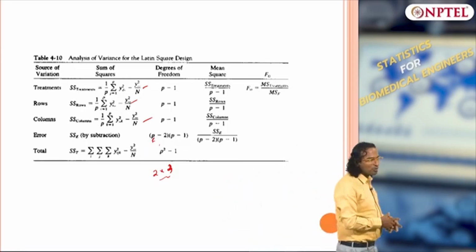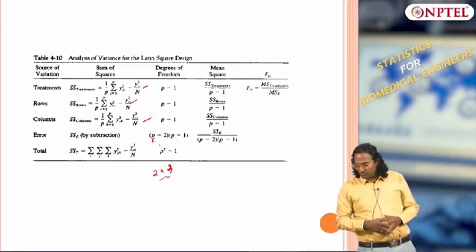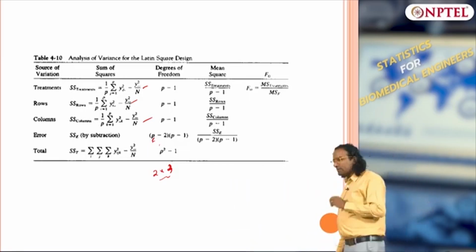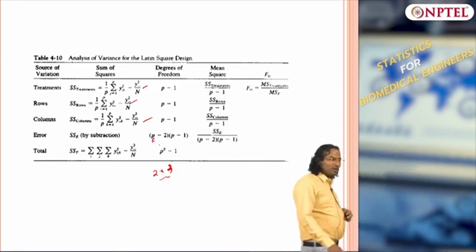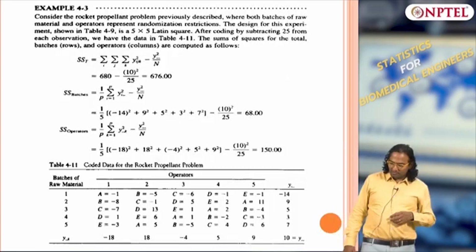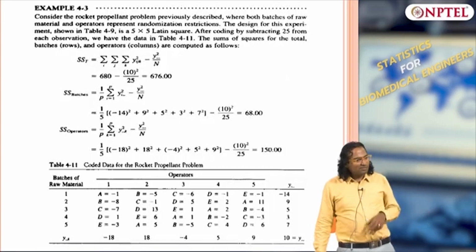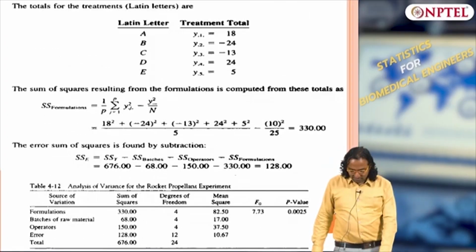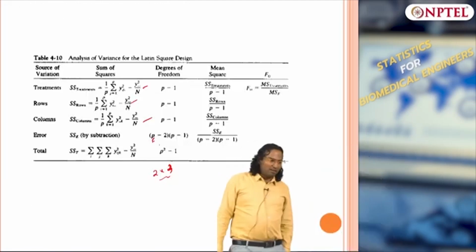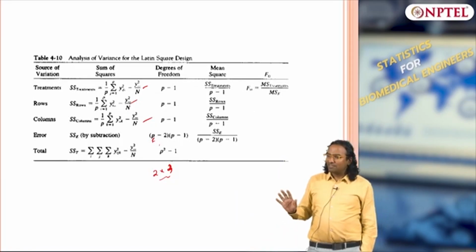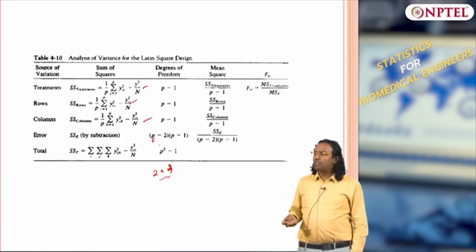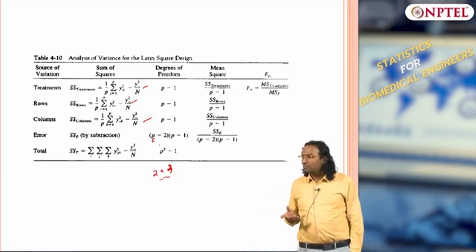So, how do I improve this? How do we improve the degrees of freedom? It is a Latin square design, so how do I do more? With the design as it is, you are not going to improve the degrees of freedom. If you have only very few data points left, what can you say?